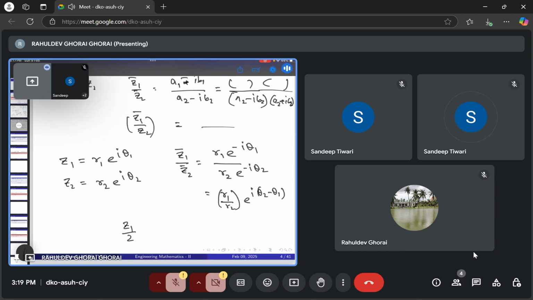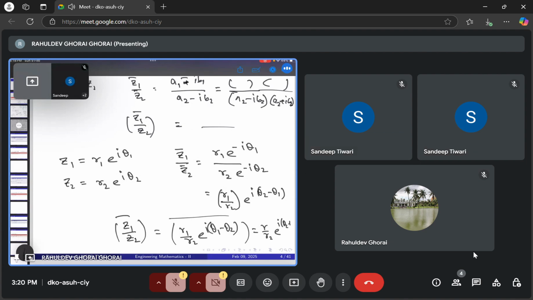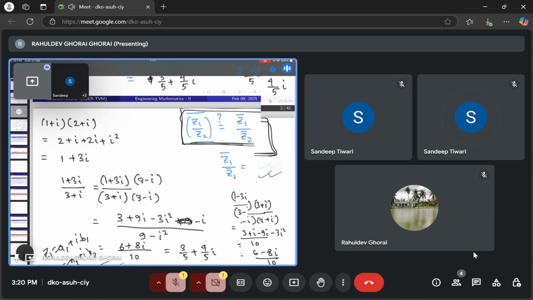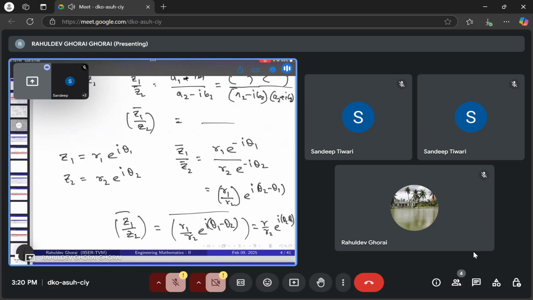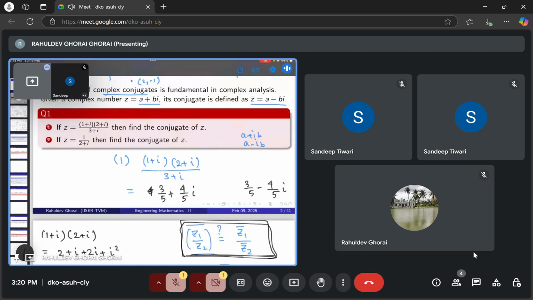And when you take z1 over z2, that whole bar, that will be r1 over r2 e to the power i theta 1 minus theta 2, whole bar. That is r1 over r2 times e to the power minus i theta 1 minus theta 2, that is i times theta 2 minus theta 1. So that is same actually. The conjugate, whatever you were asking, that is actually equal. So z1 over z2 whole bar is z1 bar over z2 bar.